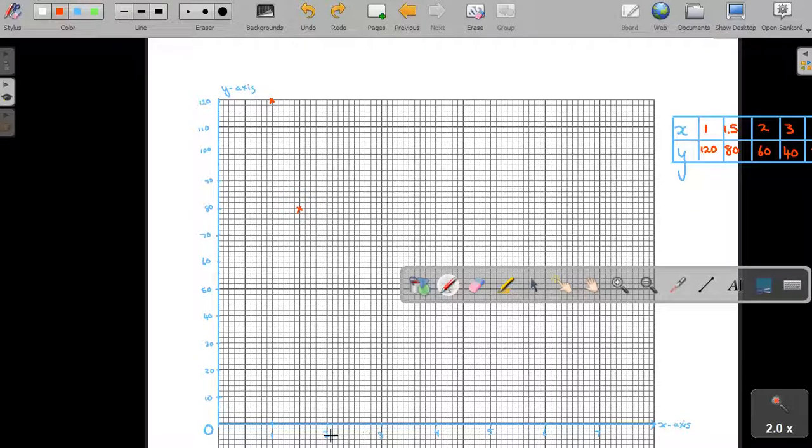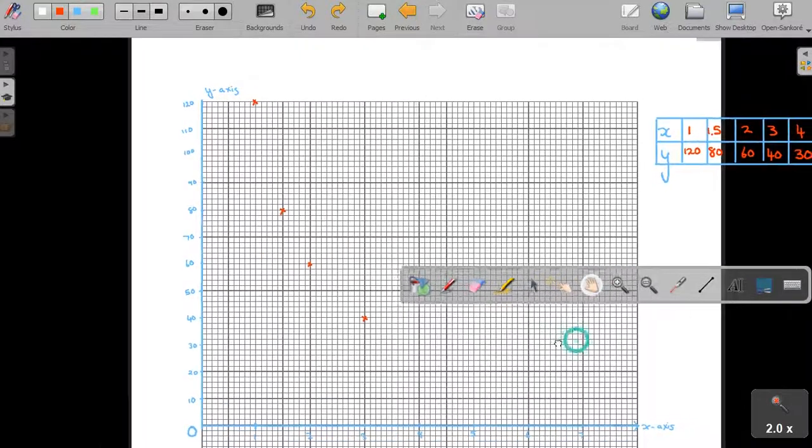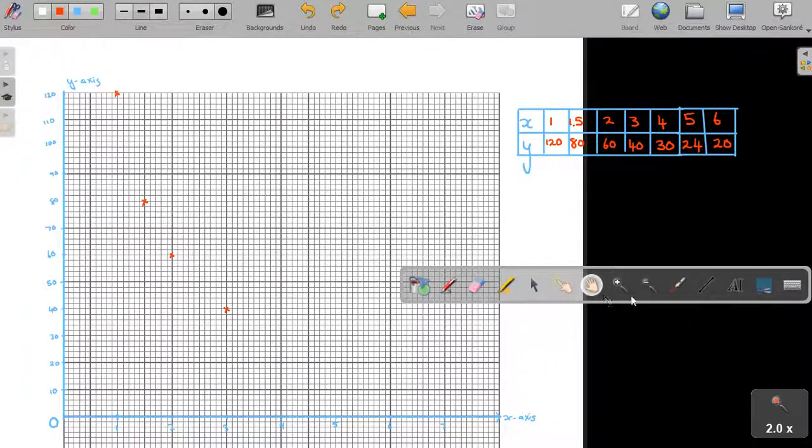And it's 2 and 60. And then it's 3 and 40. And then it is 4 and 30. And then it's 5 and 24.